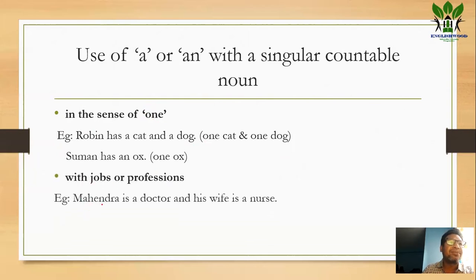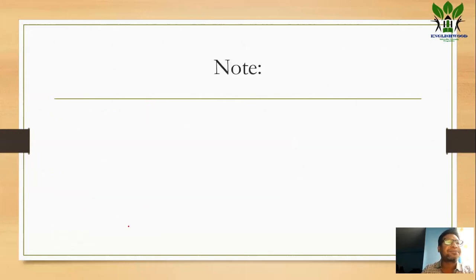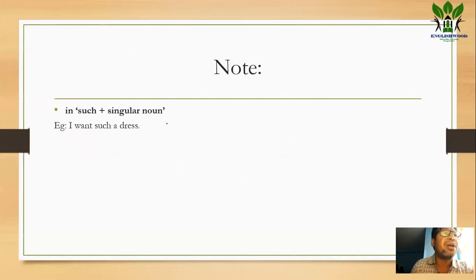For example, Mahendra is a doctor and his wife is a nurse. Deepak is an engineer. Note that in such plus a singular noun we use a or an. For example, I want such a dress. Such a book is essential for children.